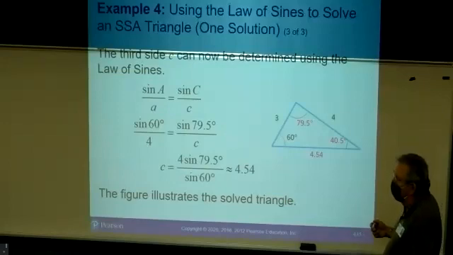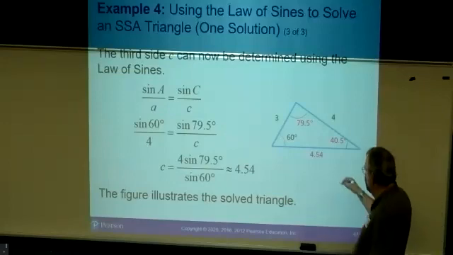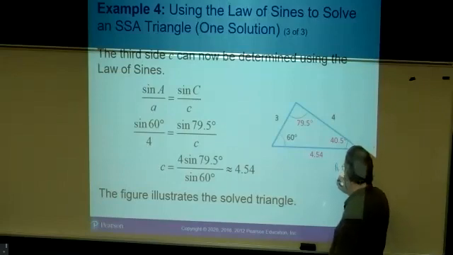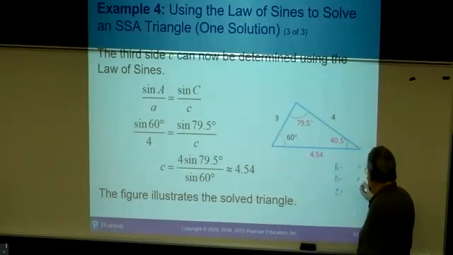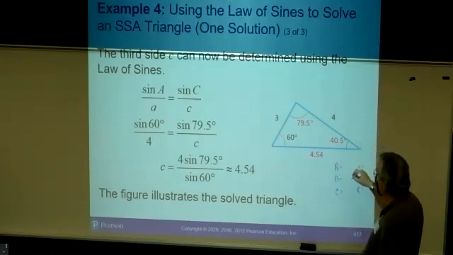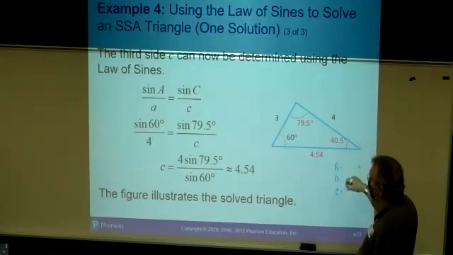So how I typically do these, we say A, B, and C equal, and then A, B, and C equal. What was angle A? Angle A was the 60 degrees.